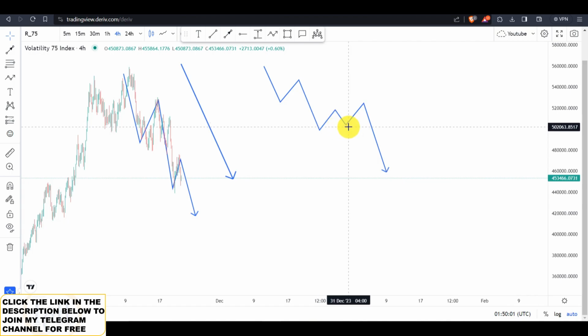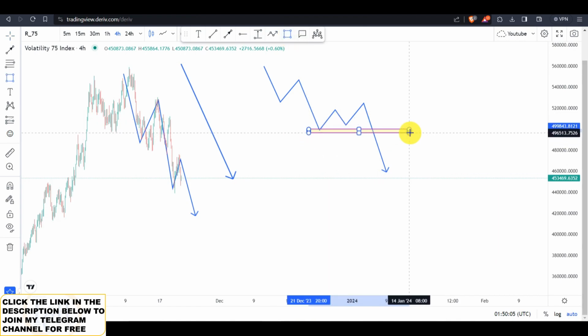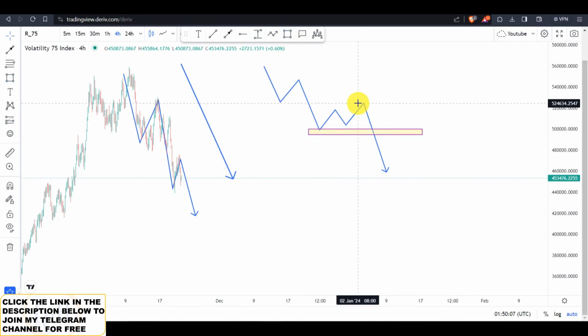Why? Because simply the market did not yet break this structure. So the principle for a downtrend market is that a lower low is formed only after the break of structure. Do you get my point?